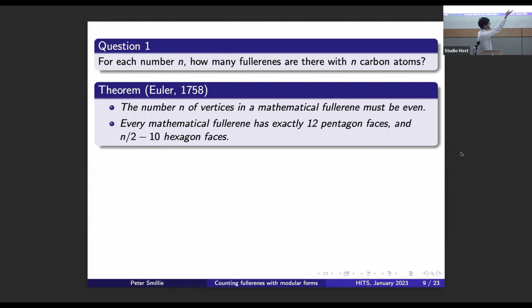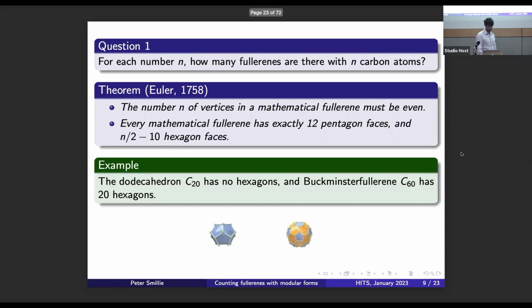Meanwhile, that first part of Euler's theorem also has an explanation, and the explanation is the second part of Euler's theorem, which says that you can calculate how many hexagons and how many pentagons it has to have. So there are always n over 2 minus 10 hexagon faces. That would be nonsensical if n weren't even. But maybe the even cooler part is there are always exactly 12 pentagon faces.